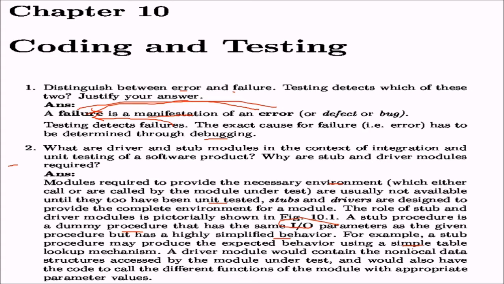You don't have to make the exact module or function; it will just take a value from some table. But a driver module would contain the non-local data structures accessed by the module under test, and would also have the code to call the different functions of the module with the appropriate parameter values.